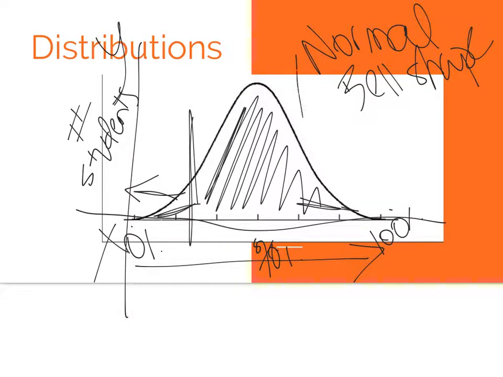And then very few people, again, as scores go higher, are going to score that high. So usually people fall in between. In most measures, this is called a normal distribution.